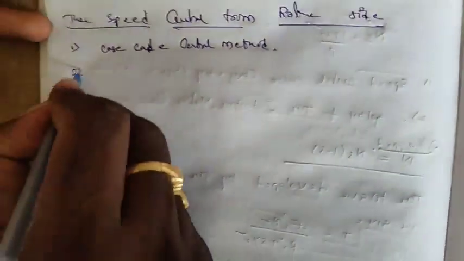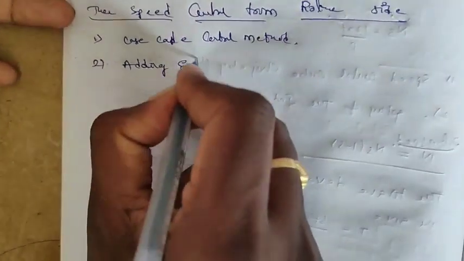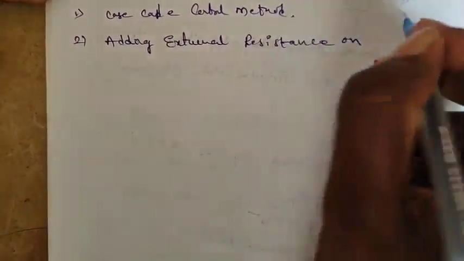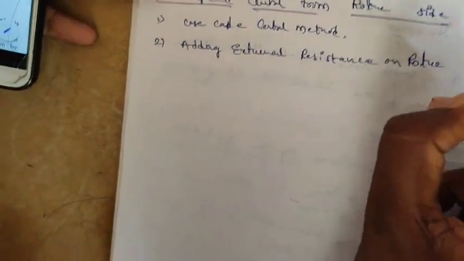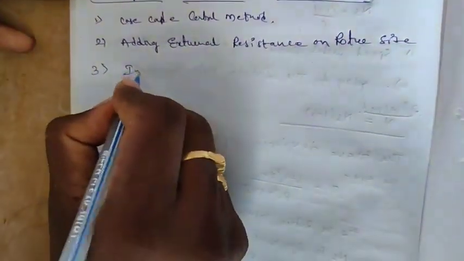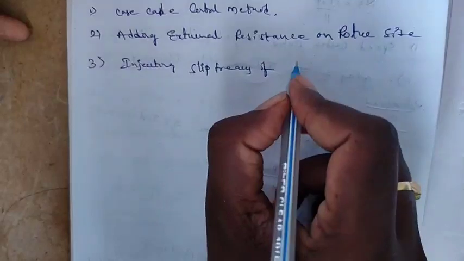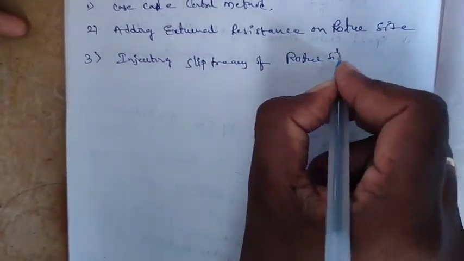That is the cascade control method, adding external resistance on the rotor side, and injecting slip frequency on the rotor side.